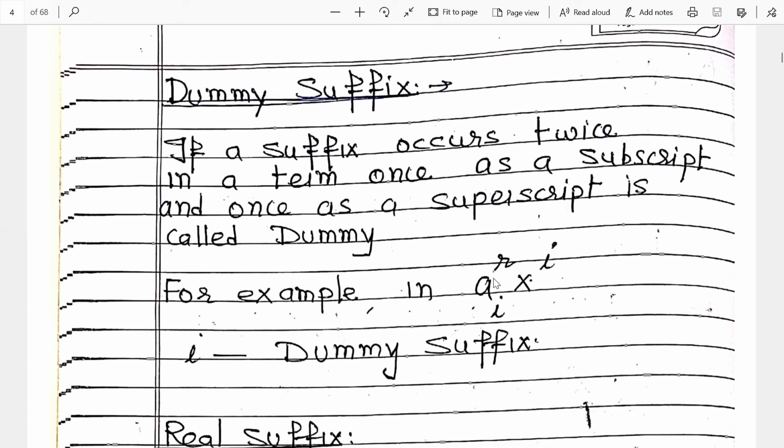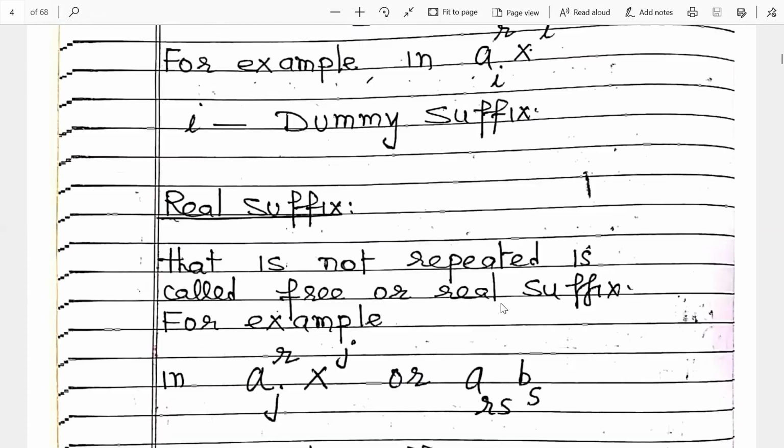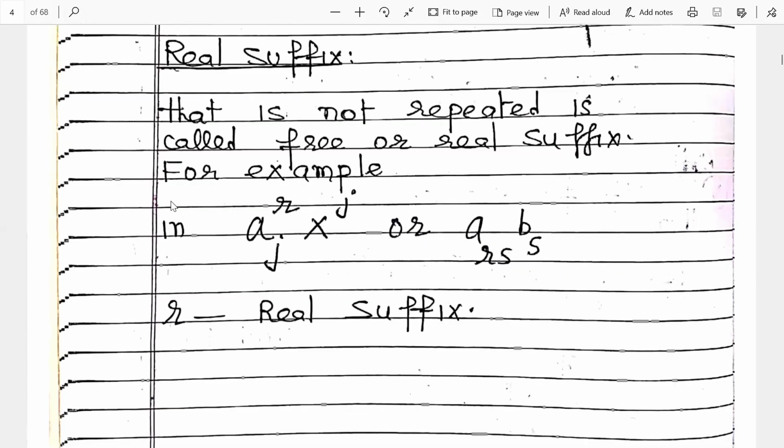If a suffix is not a dummy, in that case it is called a real suffix. A real suffix that is not repeated is called a free or real suffix. For example, take a^r_j x^j. Now this j is a dummy because it appears as a subscript as well as a superscript.